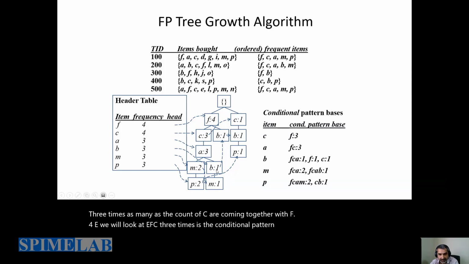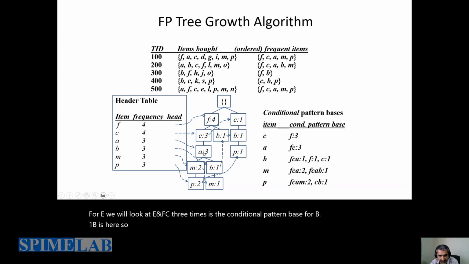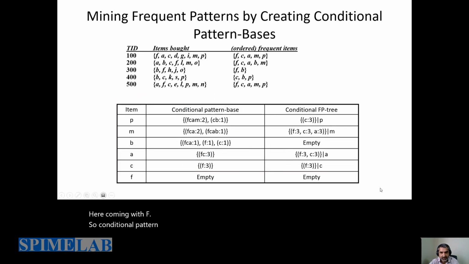For B, 1B is here, so FCA 1 time is the conditional pattern base for B, and another B is here, coming with C. Another B is here, coming with F. So conditional pattern base is going to be used to create your rules.